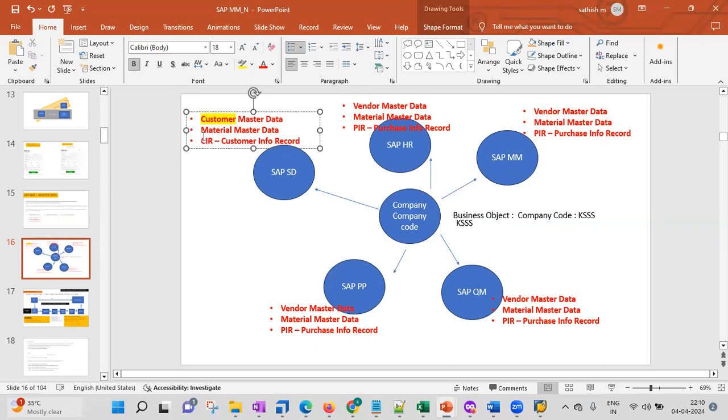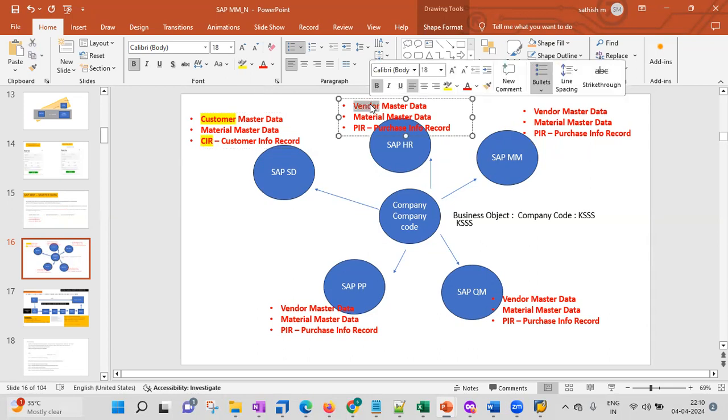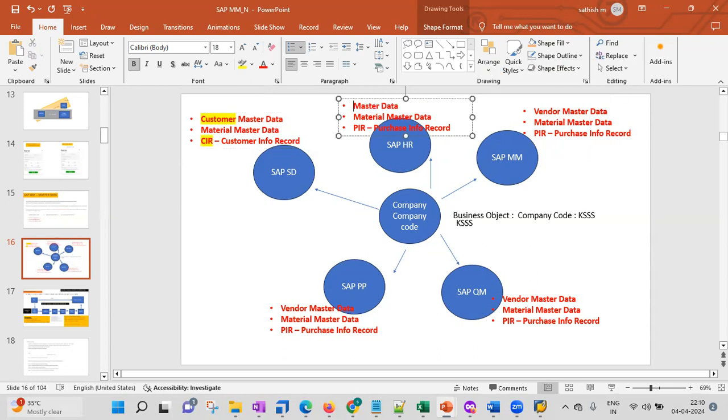You can ask me about material; yes, material can be a common thing for this one. There is other master data for this one also, and I'm not writing them because that is not required for us. So for HR, there will be different master data.